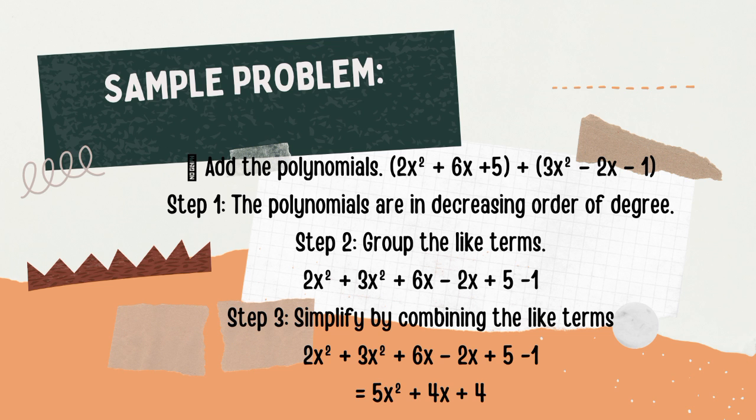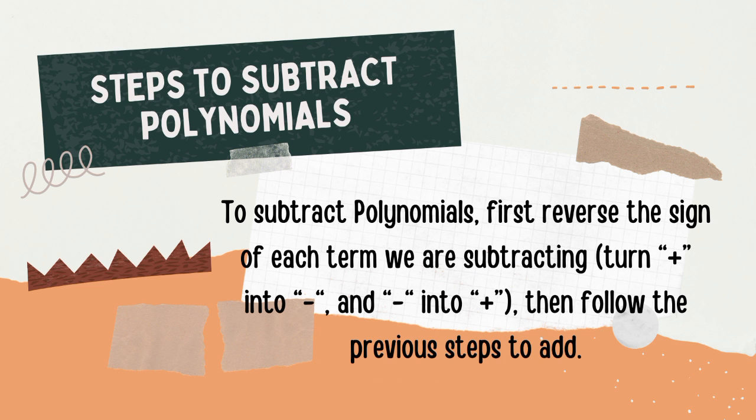And so that's how we add polynomials. It's so easy because there are steps and you just need to follow them so you can come up with the correct answer. And now we know how to add, so let's proceed to the steps to subtract polynomials.